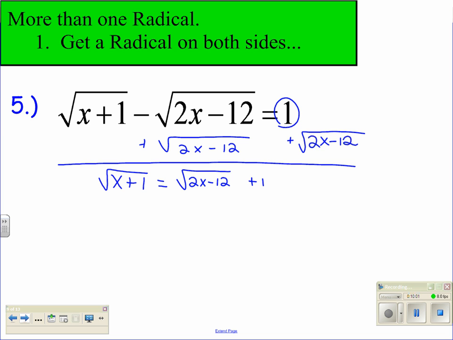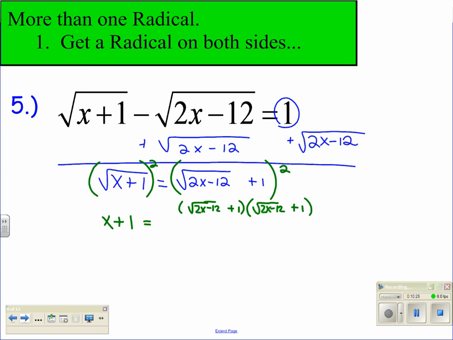Now in order to get rid of a square root, it would be best to square it. So square that. Squaring this side looks relatively nice. We get x plus 1. Squaring the other side, though, not such a nice deal. Remember, this would look like square root of 2x minus 12, plus 1, multiplying by itself. So do the FOILing.